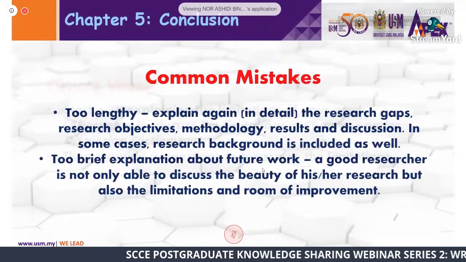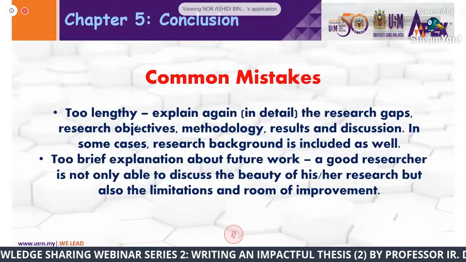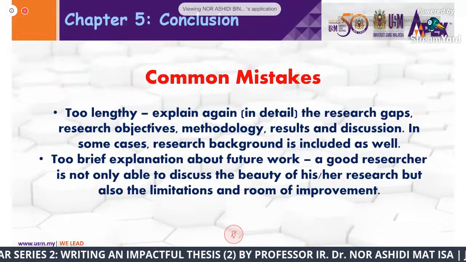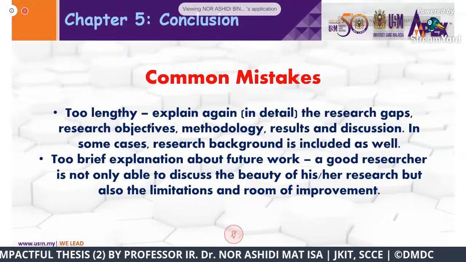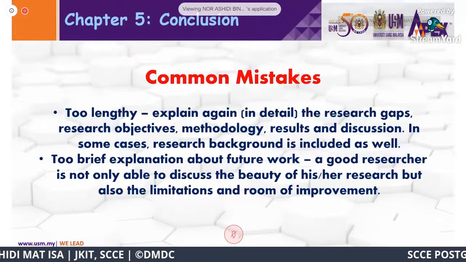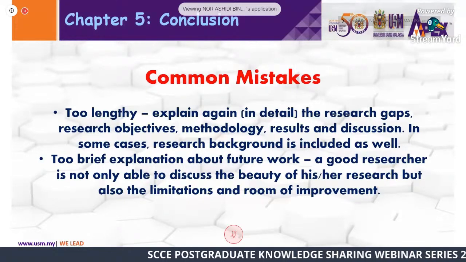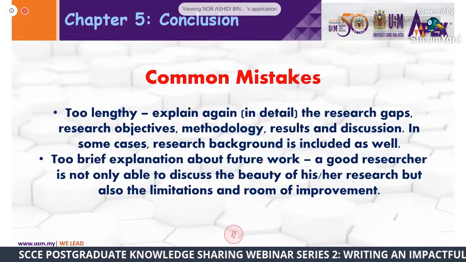Okay. Common mistake: too lengthy. We don't want that, because you already explained everything in results and discussion. So no need to repeat the results and discussion again in this chapter. You only want to conclude.